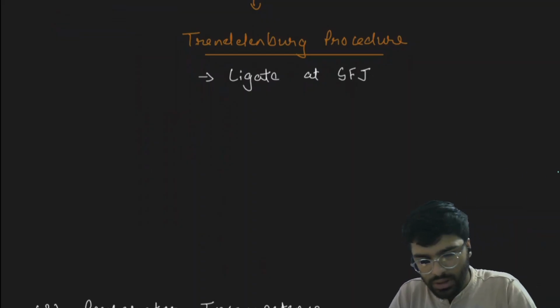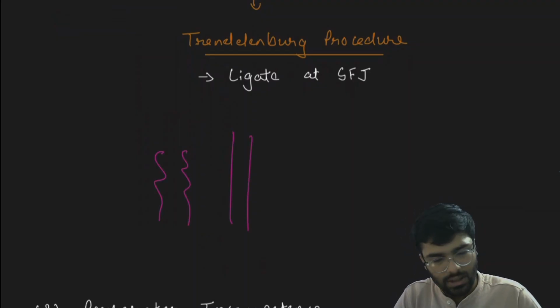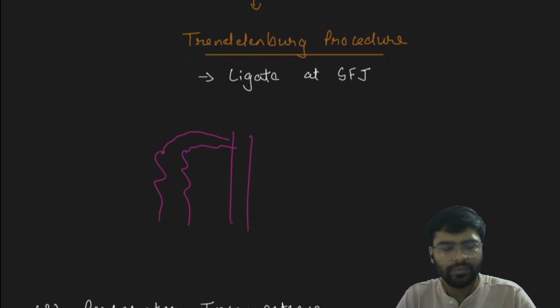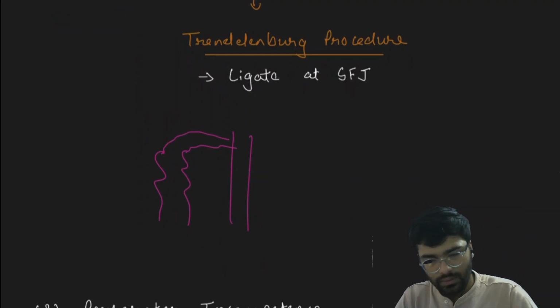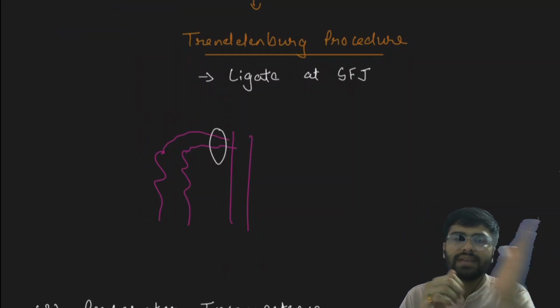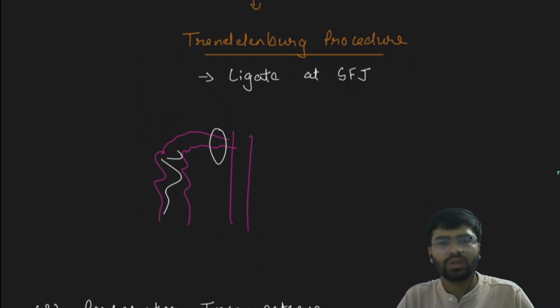So here you have the deep vein, this is the dilated superficial vein, and it is connecting through the junction. Now let us tie this with a thread as near as possible to the junction. If we tie, the blood is not going here. So naturally the varicose vein will get treated. So this is one procedure.